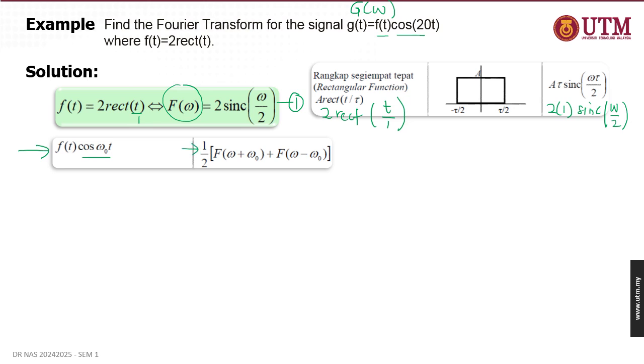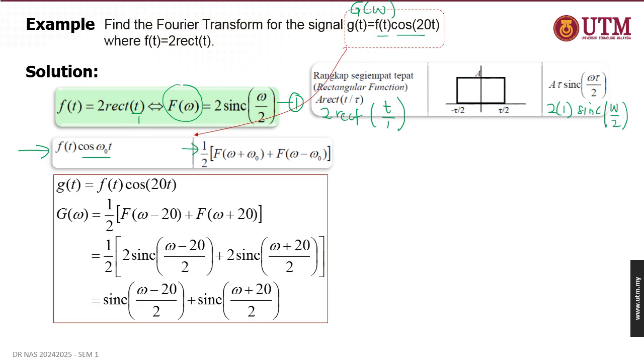In this case, g(t) is given by f(t) cos 20t. If you compare to this equation, you'll notice that your omega naught is equal to 20.